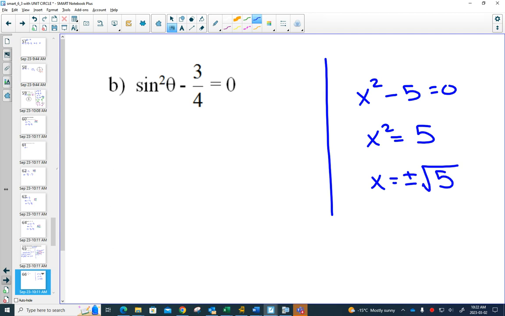So now we have a trig function that's squared, and that's the only thing that's squared. I can get it by itself. And I can square root both sides.